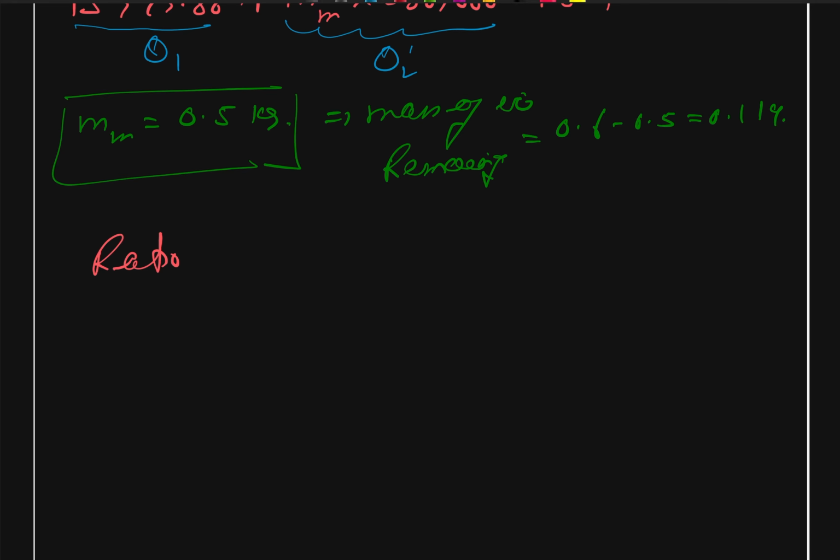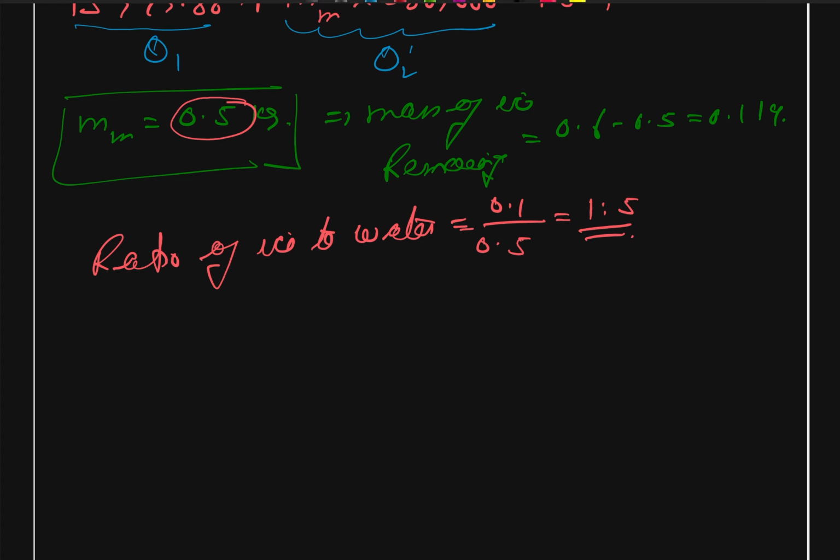So we can say ratio of ice to water, and remaining ice is 0.1 and only this 0.5 is converted into water. So this comes as 0.1 to 0.5, giving us 1:5.